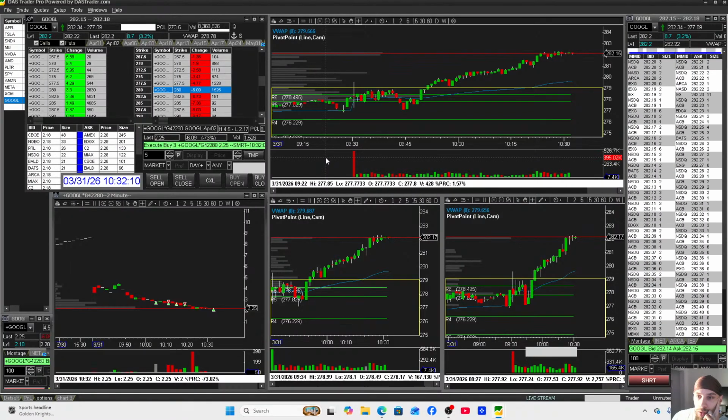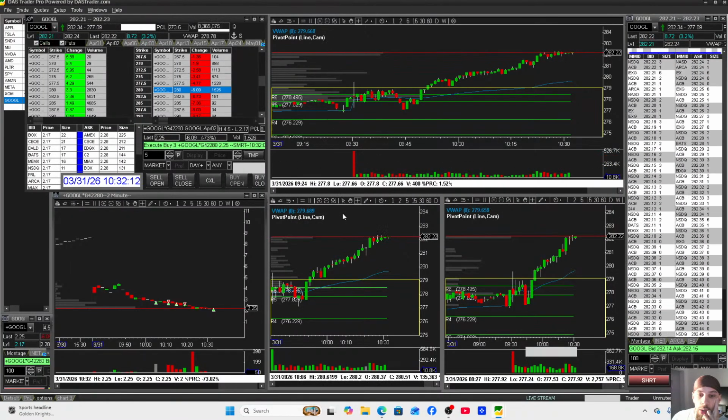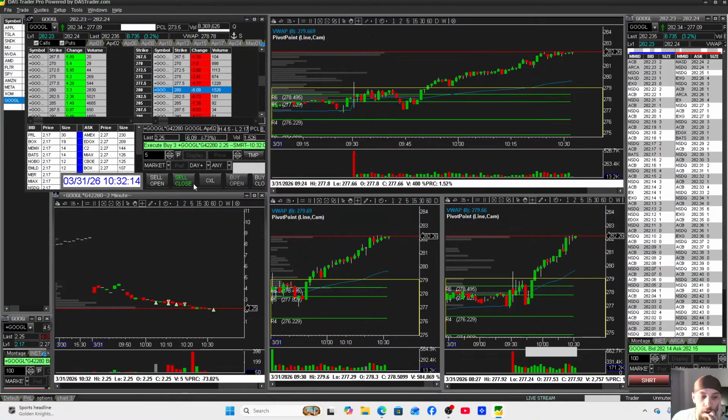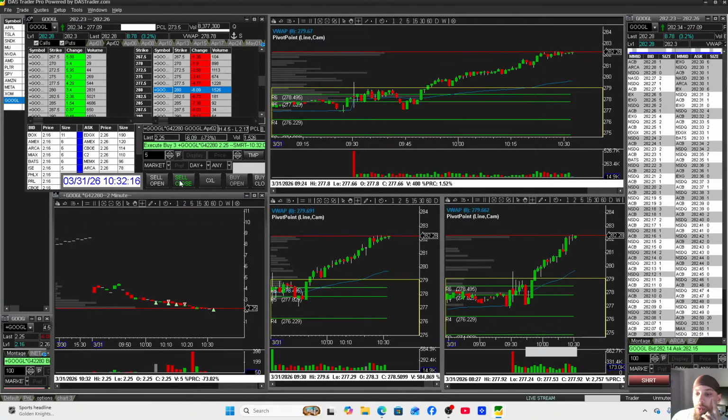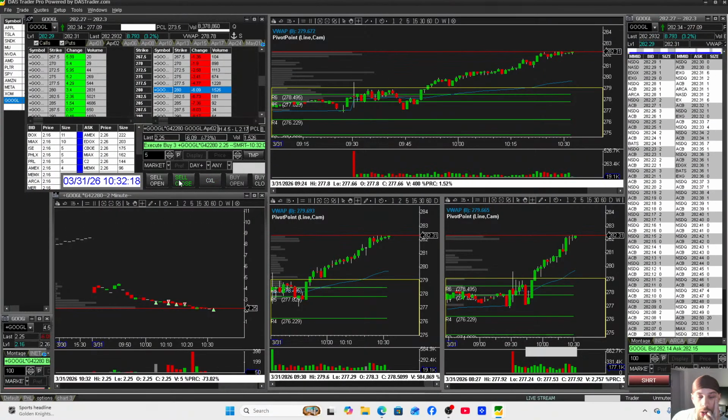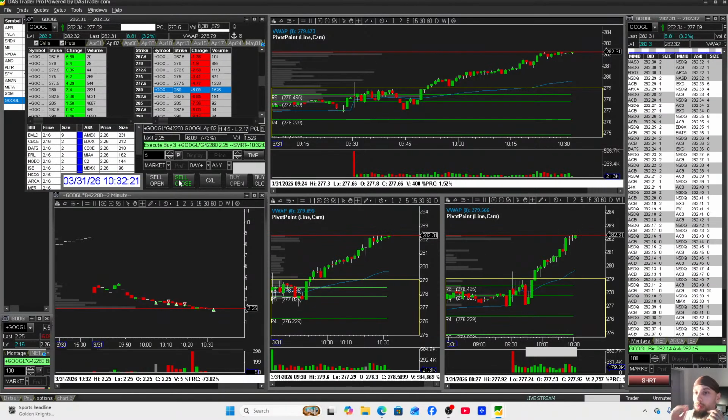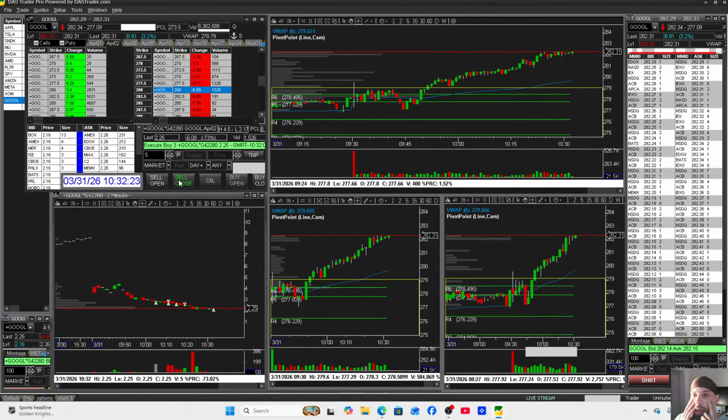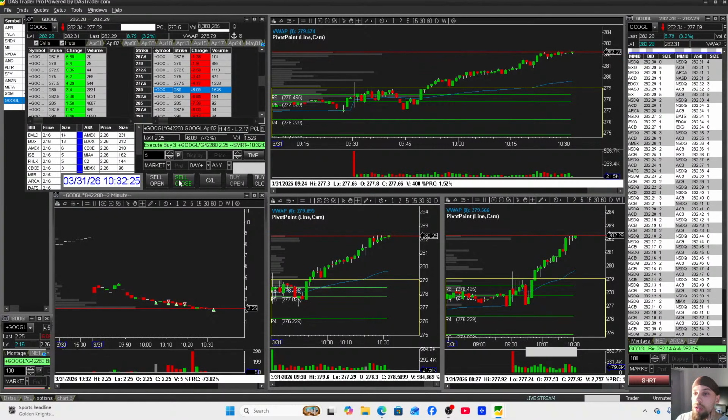I'm trying it one more time, guys. 5 contracts here. One more stab at it. I'm breaking a rule. Only 3 trades is my max. This is my 4th trade.